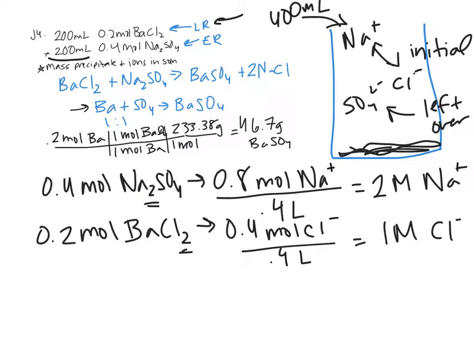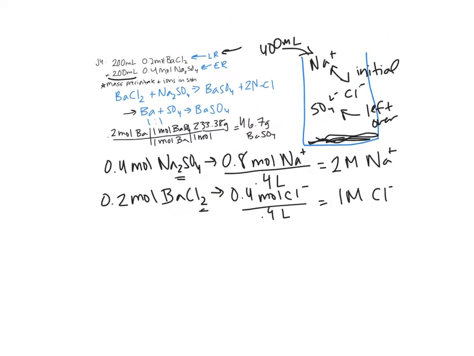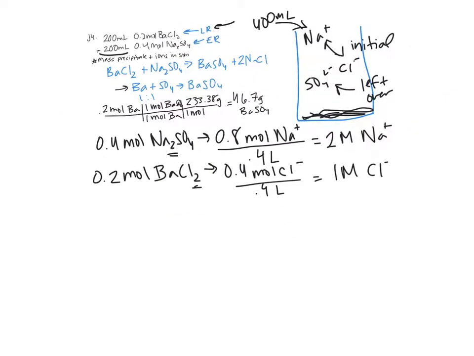Last but not least, the sulfates. That's a little bit trickier. So now let's do the sulfates. We have to do like we would if we had an excess normally and we want to know how much is left over. Let's take our 0.2 moles of barium and convert. How much sulfate are we going to use for the 0.2 moles of barium?